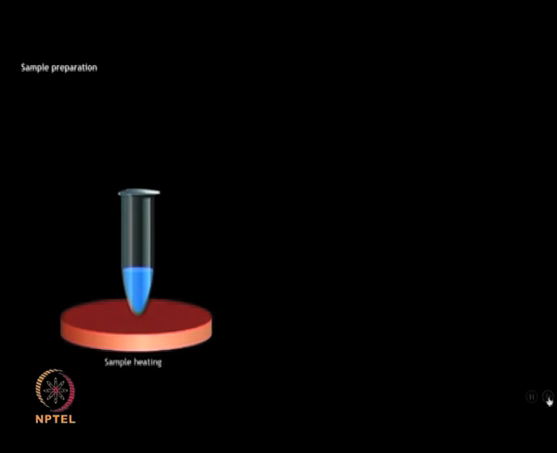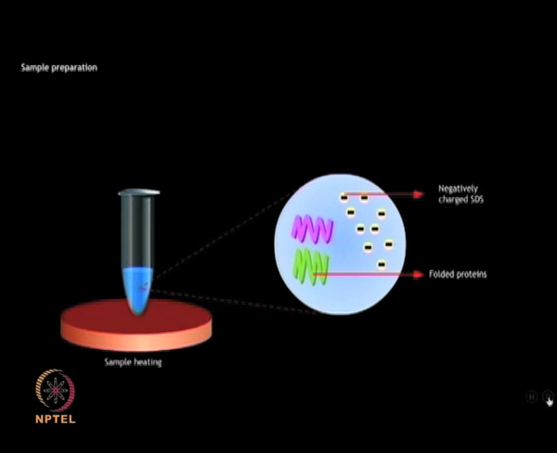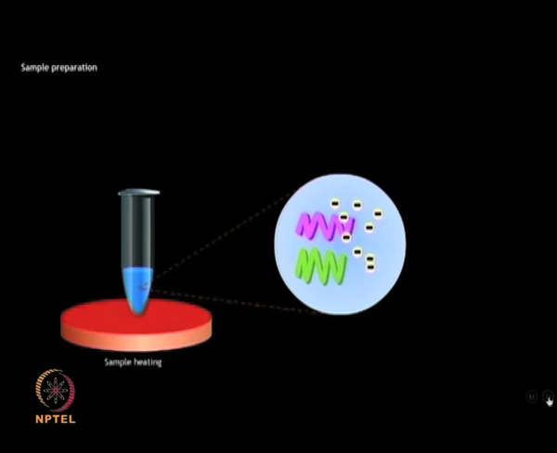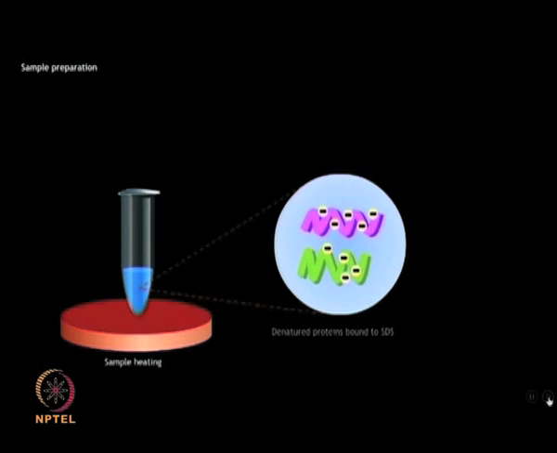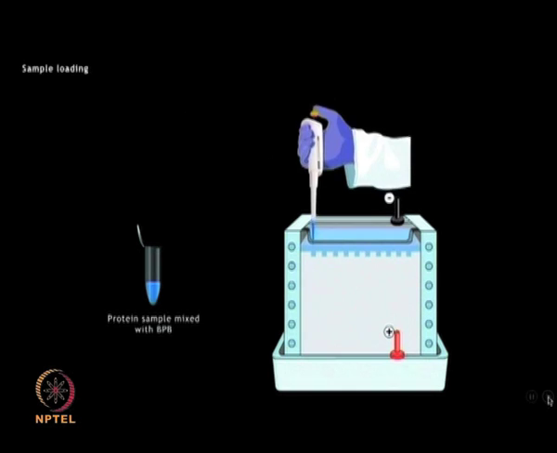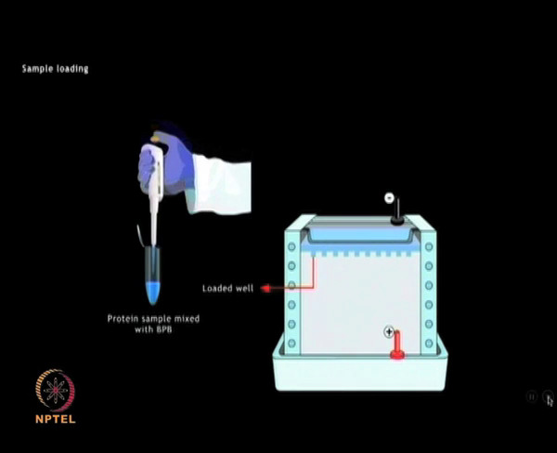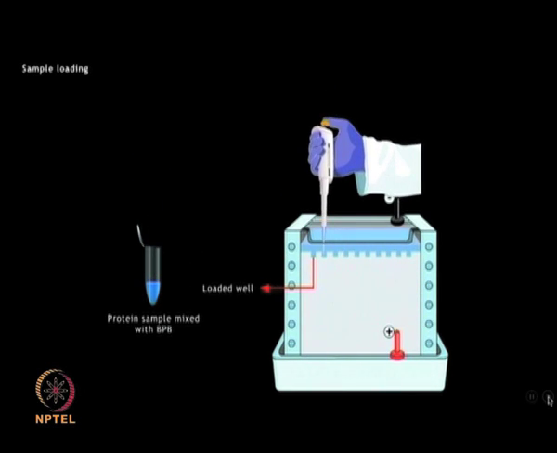During the process, you boil or heat your protein samples to denature the protein. Now, the negatively charged SDS molecule will bind to the proteins and denature them. The binding of SDS causes the proteins to have a uniform charge to mass ratio, thereby allowing the separation purely on the basis of molecular weight.